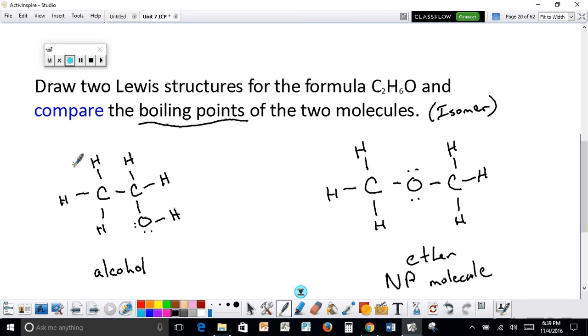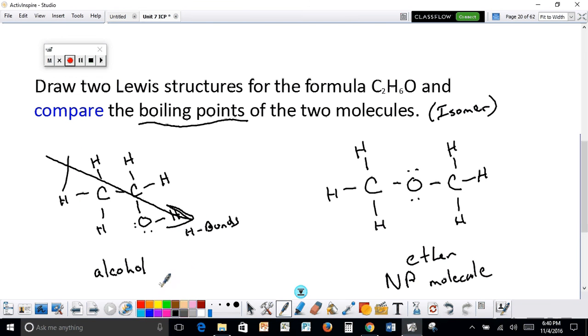And then this one, we have this OH group on here. So this one's going to have some hydrogen bonds as far as its London dispersion forces. So that means it's going to have this nice little dipole running through it.